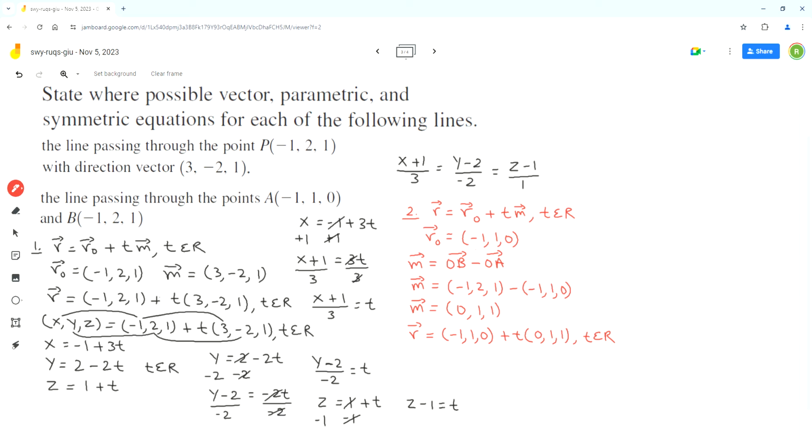Next, we can write the equation in parametric form. We'll use an unknown point x, y, z for position vector r.